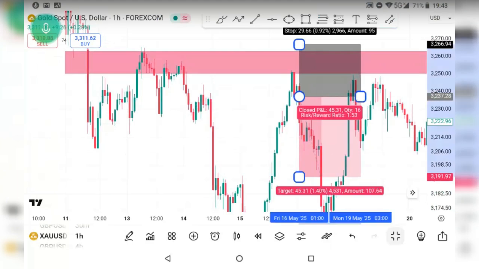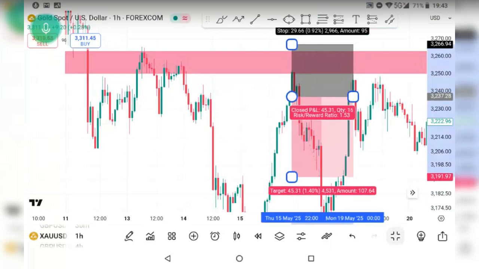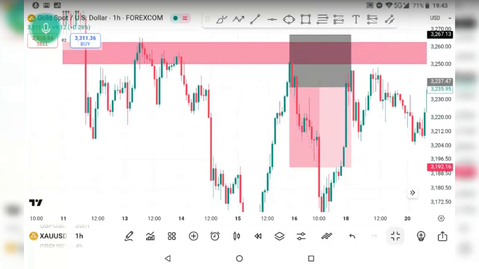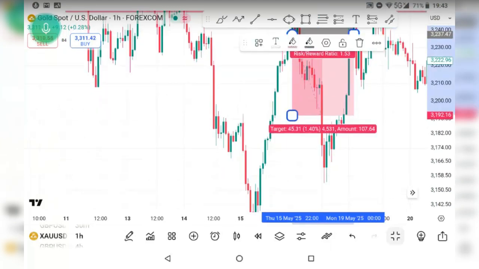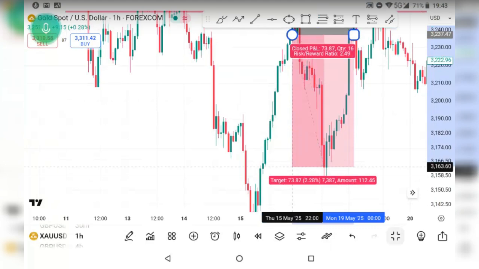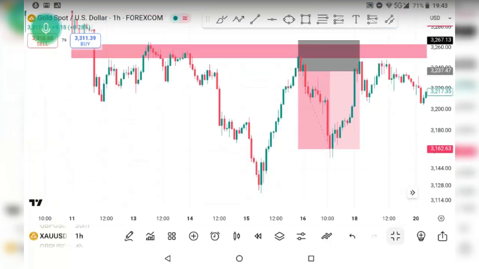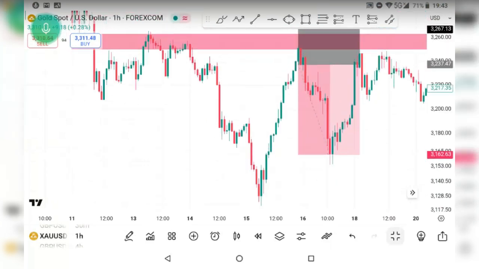Like I said, your stop loss should always be a little bit above or below, with a target of 1:2.50, and wait for price to run in your direction. And as you can see, price went there perfectly.